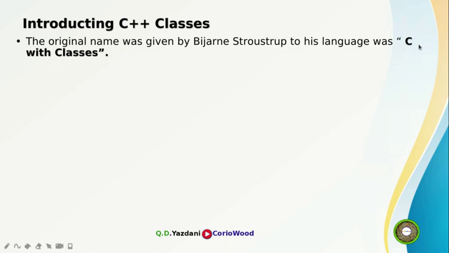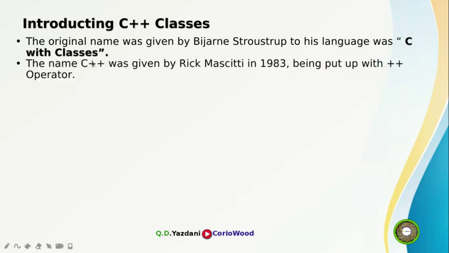So he was calling his language C with classes. It means I have this C language, but the only difference is that I have classes with it. That's what he called his language, C with classes.